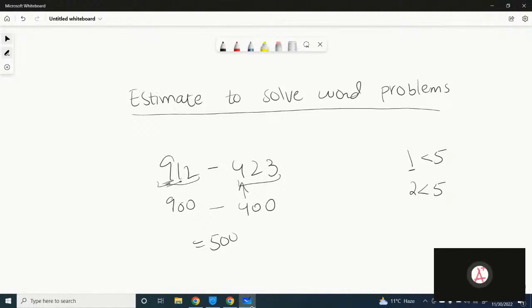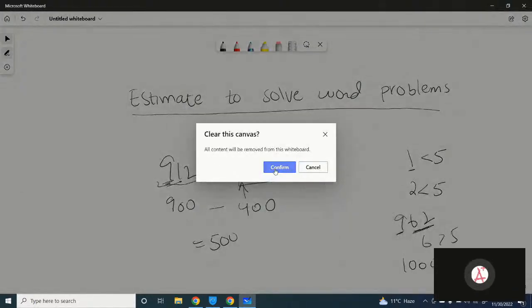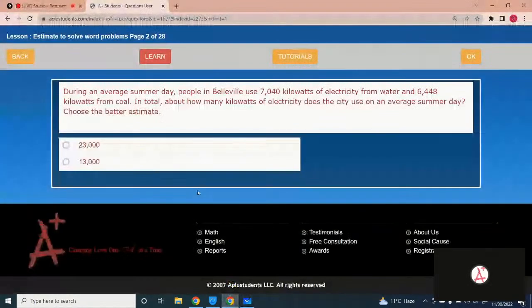Like for the 9, the next one is 10. You have to round it to 1000. Got it? For example, 962. So 6 is greater than 5. You have to add 1 to 9. 9 plus 1 is 10, and replace the other two digits with 0. It would be rounded off to 1000. Got it? Okay. If you are not good with the estimation, go to the previous grades, find the topic estimation, do the practice questions, and let's start with this lesson then.